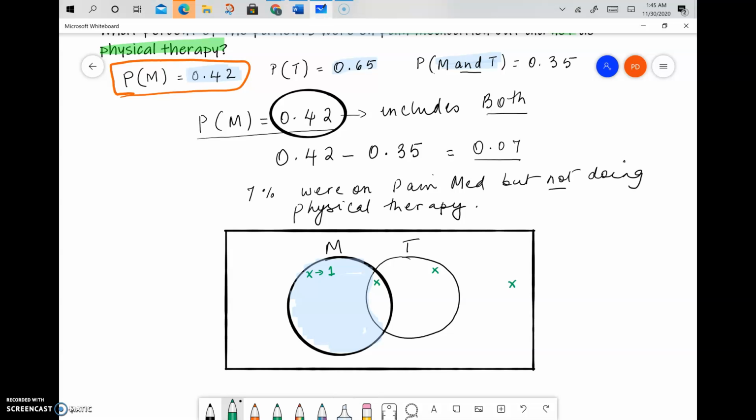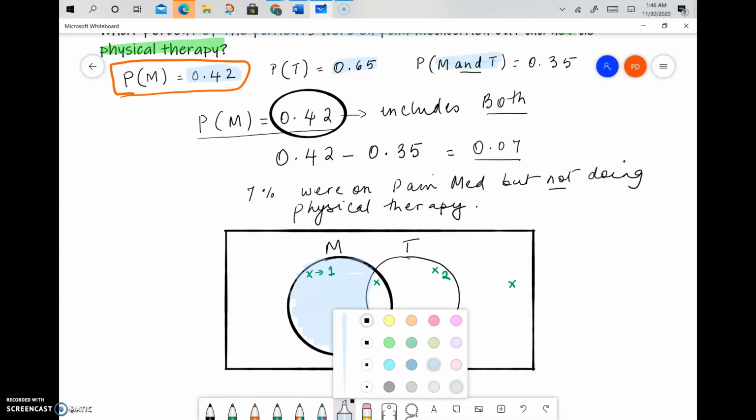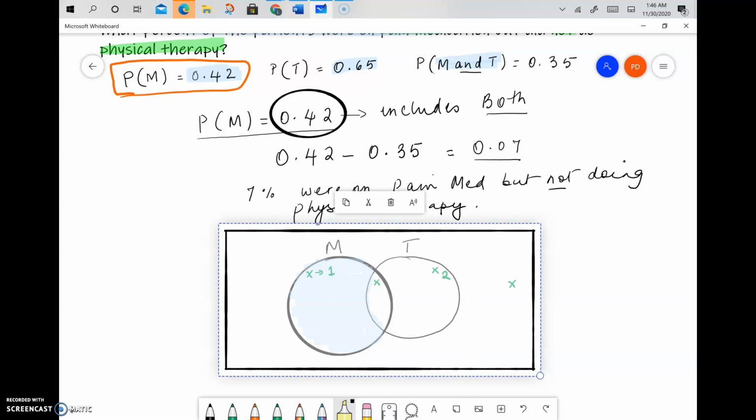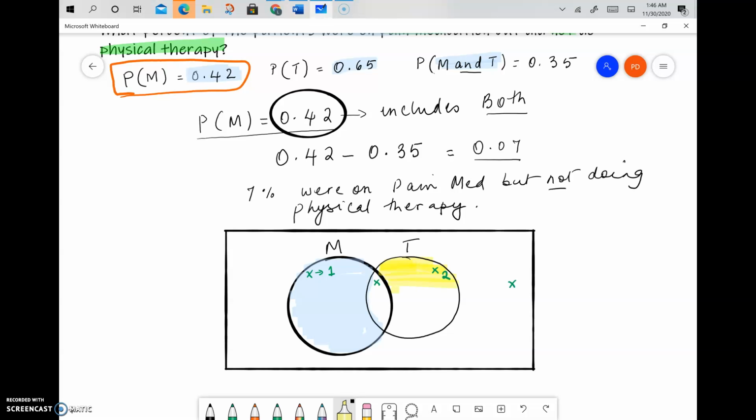Region 2 is patients who are only doing physical therapy. Notice that we are avoiding the overlap. So the yellow region is region 2, which is only physical therapy.